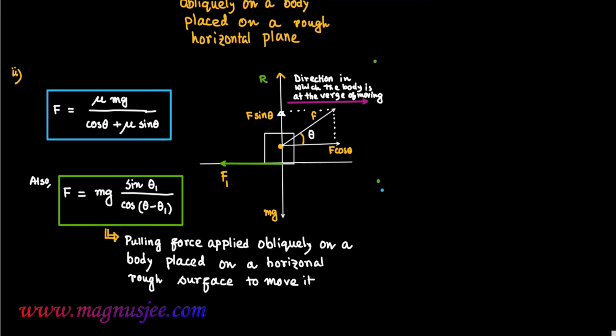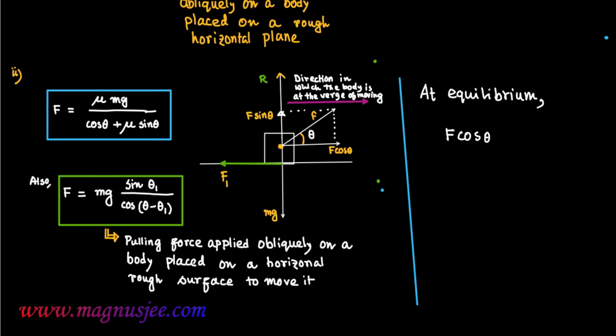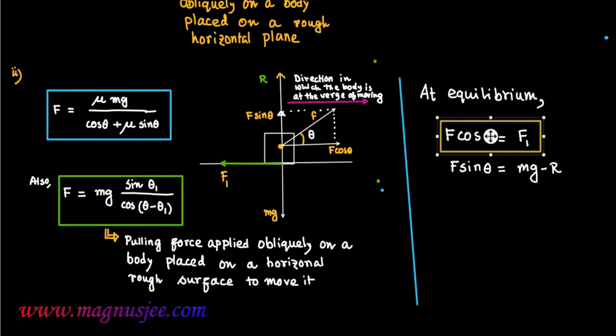And also here at this equilibrium condition, F cos theta is equal to FL, where FL is the limiting friction, and F sin theta is the external force acting in vertically upward direction, that will be equal to mg minus R. F sin theta is the external force and mg minus R is the net internal force acting in the opposite direction.